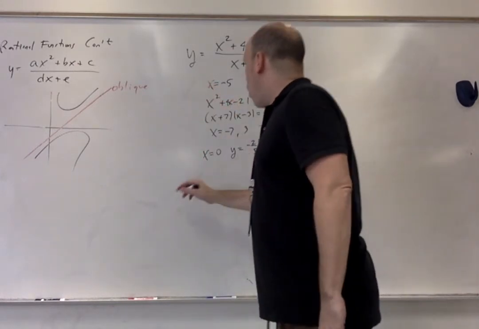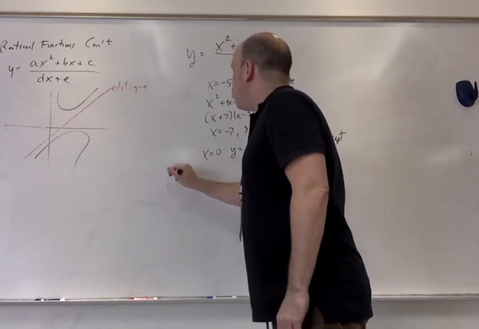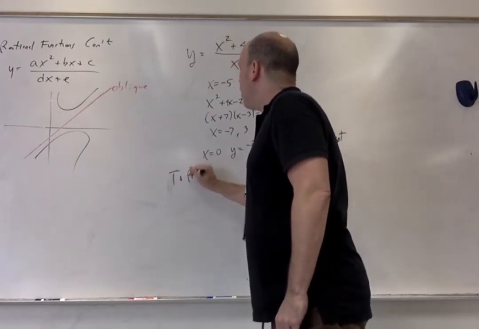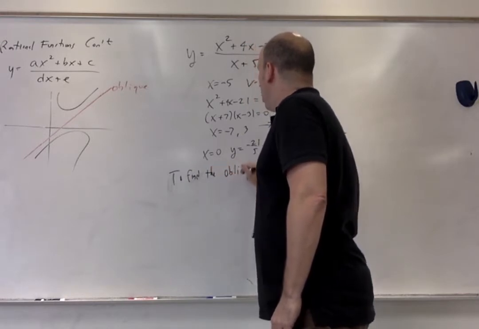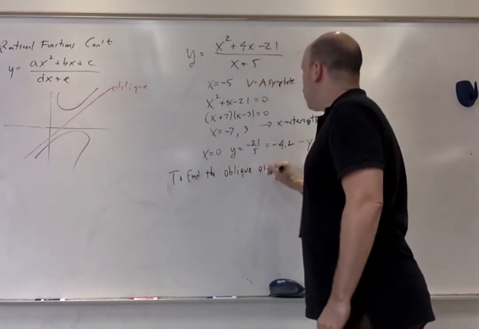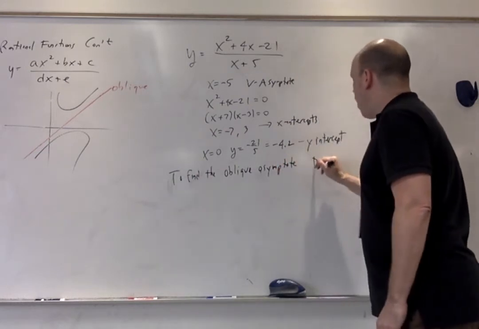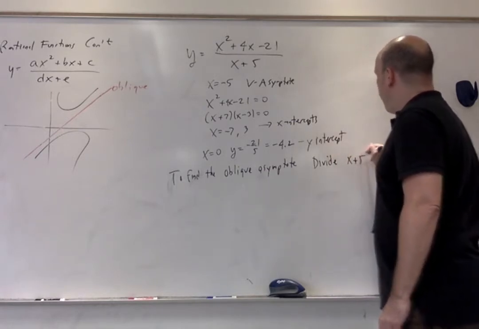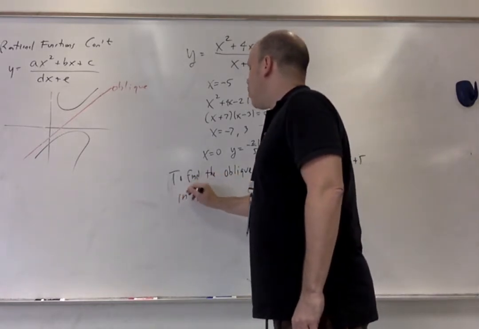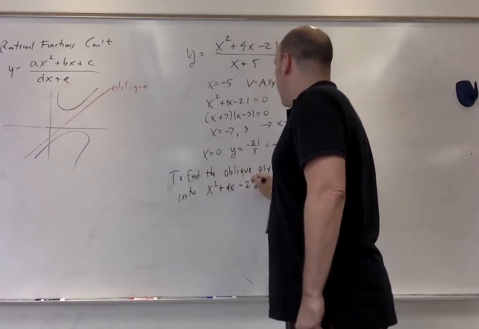So to find the oblique asymptote, divide x plus 5 into x squared plus 4x minus 21.